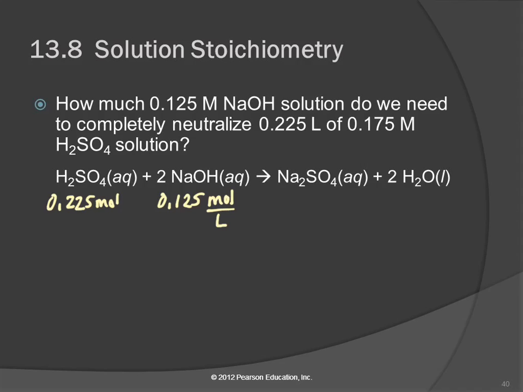Nope, sorry. Call that a brain fart. Okay, that was the volume. That's liters. It's still in the right place. It's for the sulfuric acid. 0.175 moles per liter. So there, I took all the numbers in there and wrote them under the chemical formulas that they relate to.